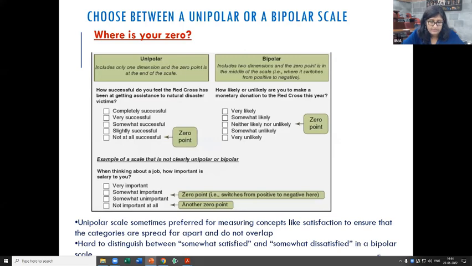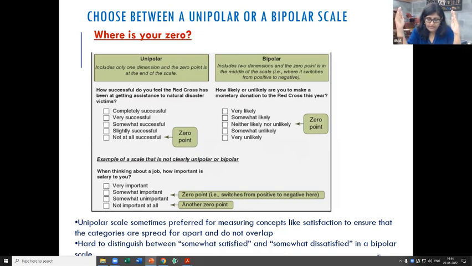Okay, you need to think about where is your 0. And this is where we talk about a unipolar scale and a bipolar scale. It's evident from the name that a unipolar scale has how many zeros? 1, 0 at the corner, and then the scale moves in a certain direction. A bipolar scale has its 0 at the center, and it moves in a positive direction and a negative direction.